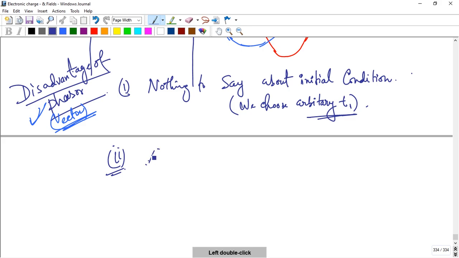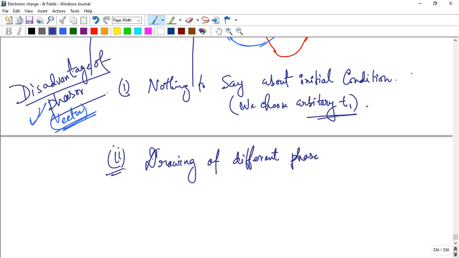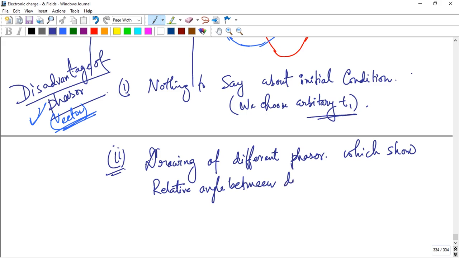Why? Because drawing different phasors which show the relative angle between different phasors gives what is called the steady state solution.